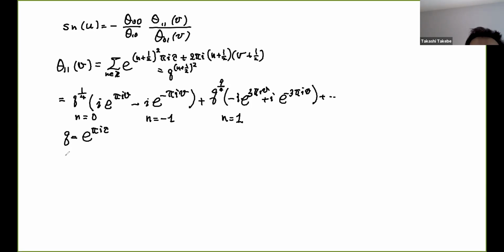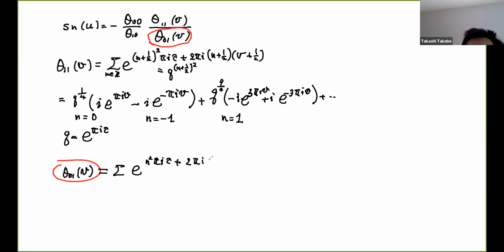And similarly, on the other hand, by the same argument, this is when n is equal to 0.